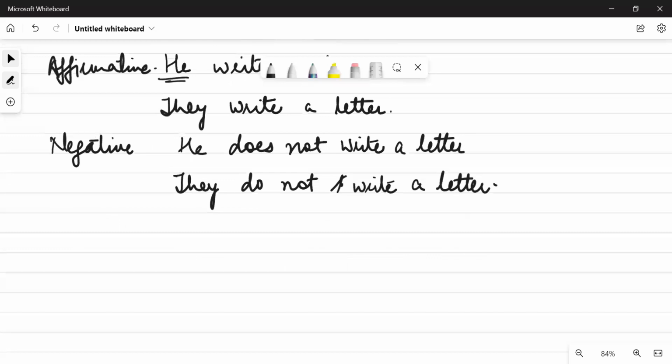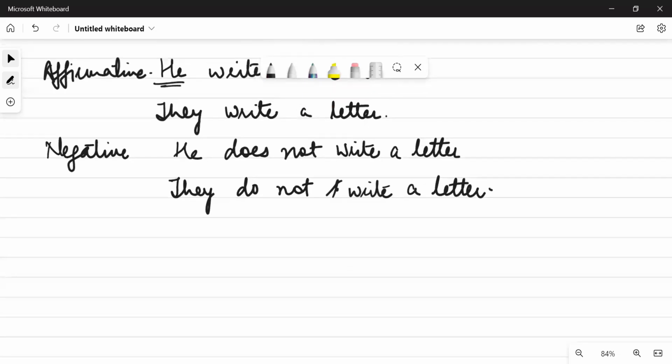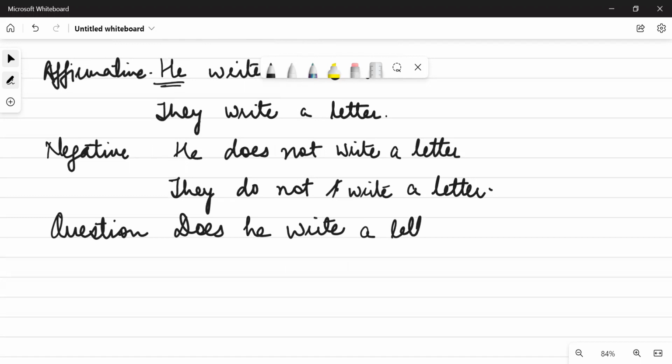Now if we have to make a question, for forming a question, the helping verb always comes before the subject. So it will also use do, does, like does he write a letter? And if it is a negative question, doesn't he write a letter? And for the plural subject, it is going to be do they write a letter?